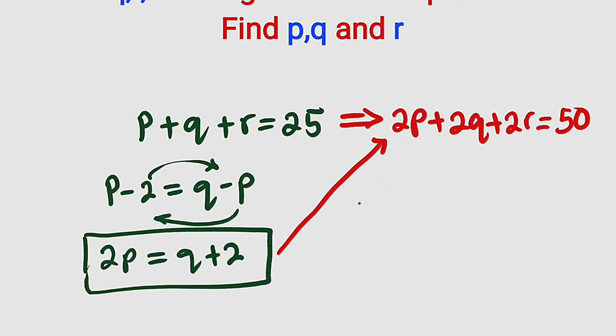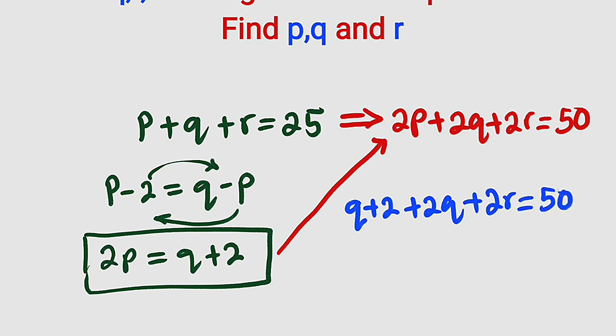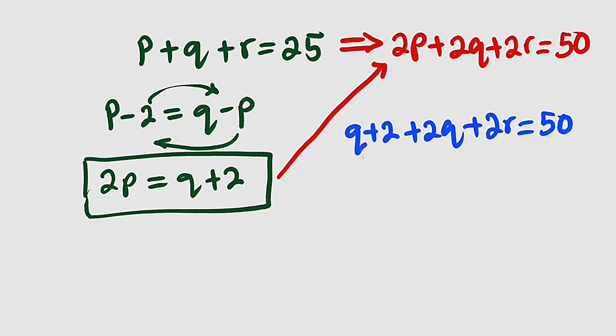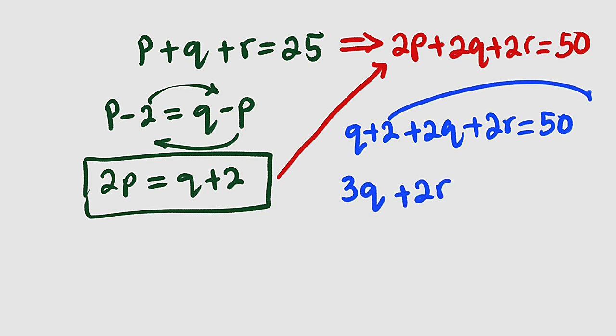Therefore, Q plus 2, which is the same thing as 2P, plus 2Q plus 2R equals 50. Let us collect the like terms. Q plus 2Q will give us 3Q, then we have 2R. If you take this 2 to the other side, it becomes negative. 50 minus 2 is 48. So 3Q plus 2R equals 48. This is another important equation.